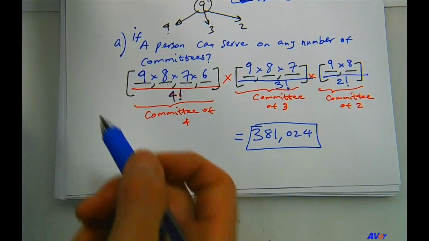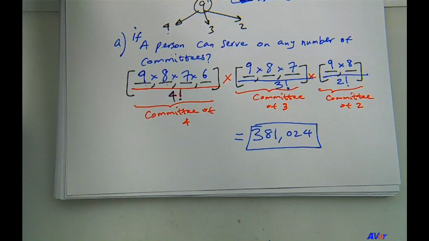Let's change this part to finding the number of committees if no person can serve on more than one committee, right? So you might want to pause the video and come up with the solution for that before you look at my solution.